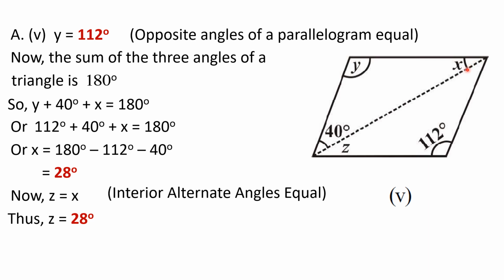So the angle between this transversal and one of the parallel sides, and the angle between the other parallel side and this transversal, form a pair of interior alternate angles which are always equal. So z is equal to x and x is equal to how much? 28 degrees. Thus z also is equal to 28 degrees.